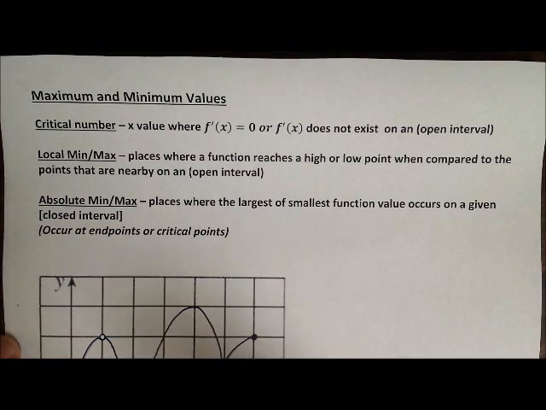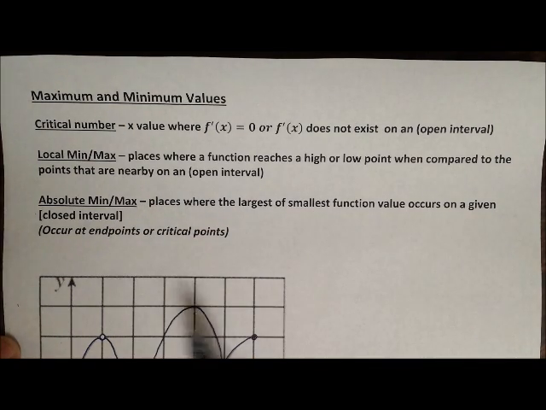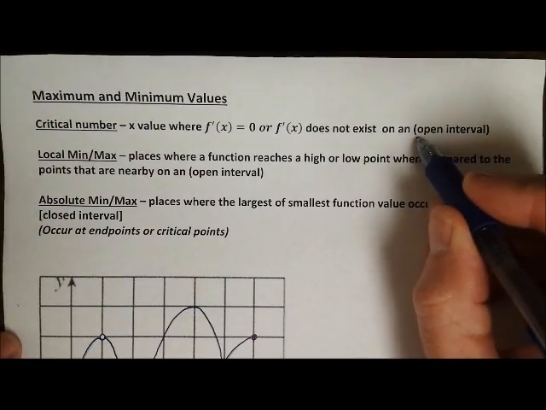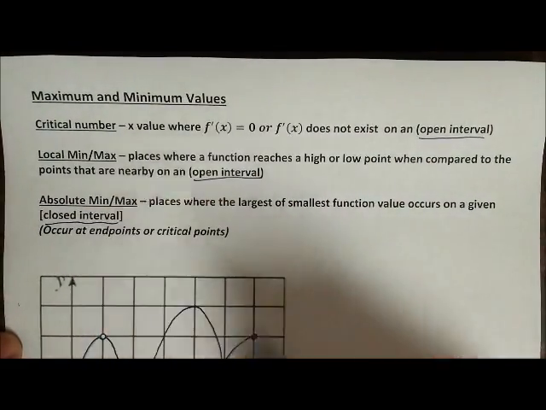Okay, hopefully you've paused it, copied those down, and I'll mention that these are not the formal definitions. You can go into a search engine, type in any of these words here, and you'll get a very formal definition. I just put it in my own words so we can talk about them. I do want to mention an open interval versus a closed interval.